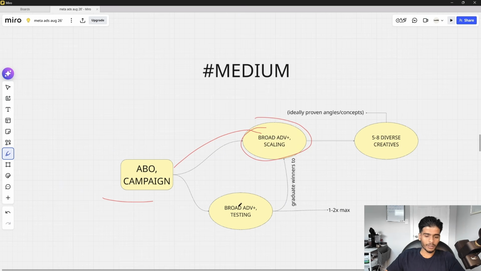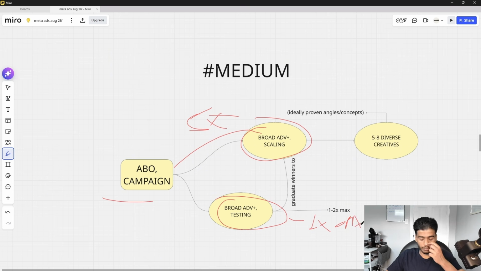And you are gonna have a broad Advantage Plus testing ad set, which will get a much lower budget. So if this is getting 5x target CPA, this is getting 1x target CPA for testing per day.